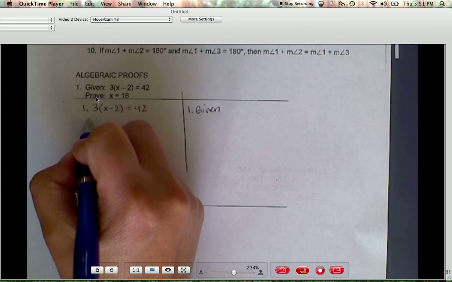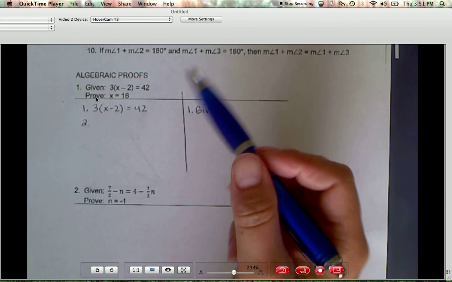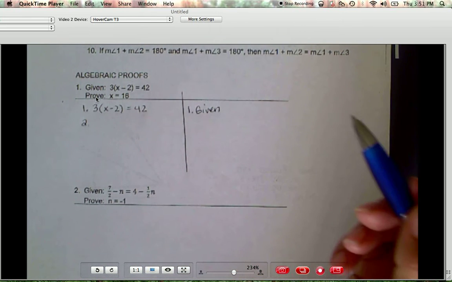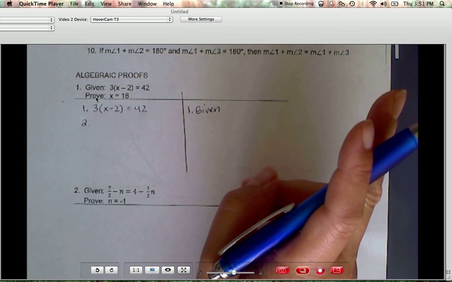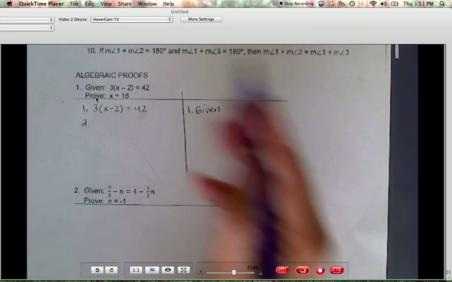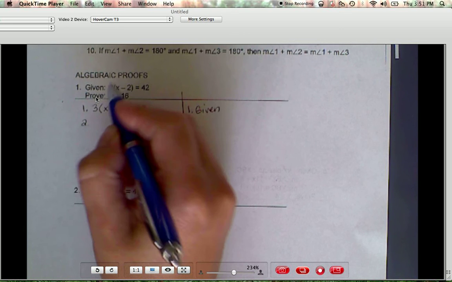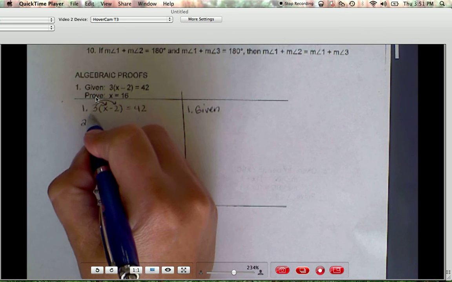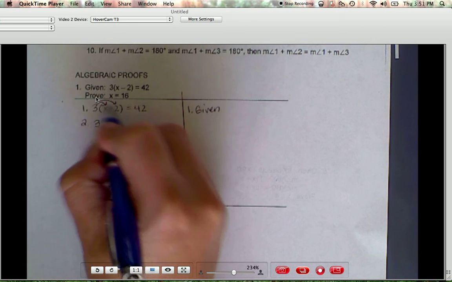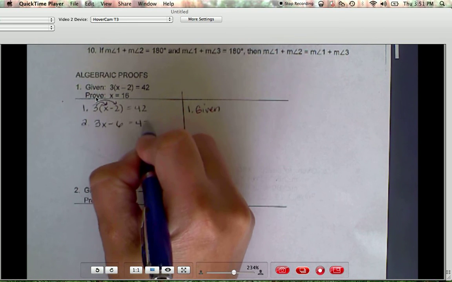Now, as we move through solving each of these equations, there are sometimes different ways to go about doing them. In this case, there's actually 2 different ways you could do this. I'm assuming that most of you will probably choose to distribute the 3. So when we distribute the 3, we get 3x minus 6 equals 42.